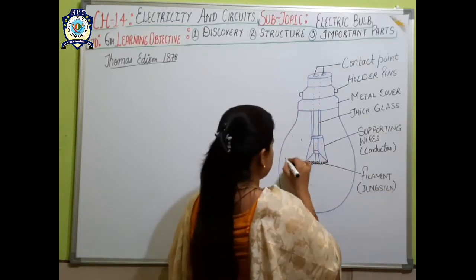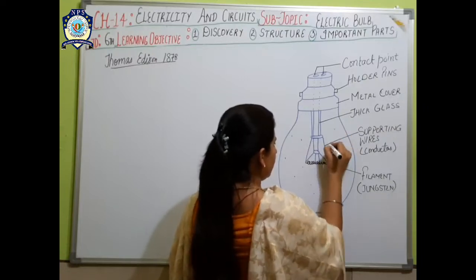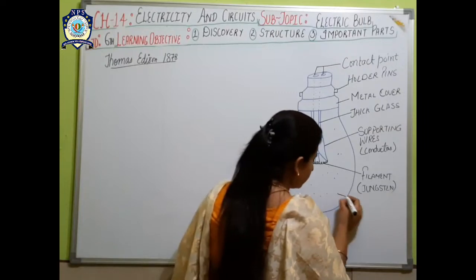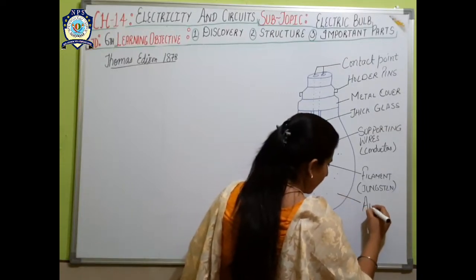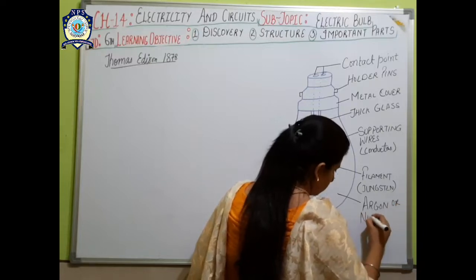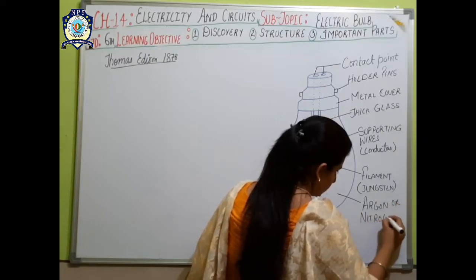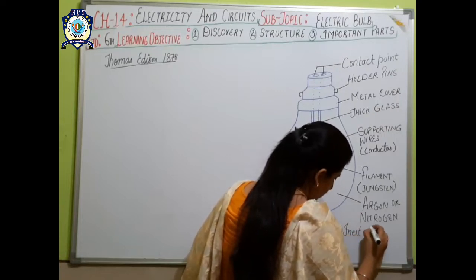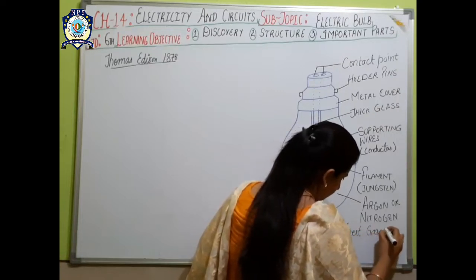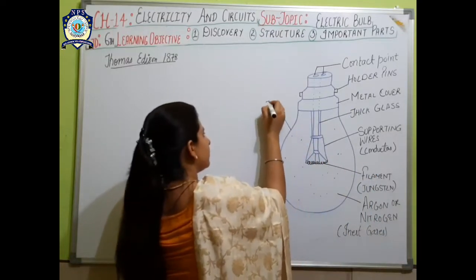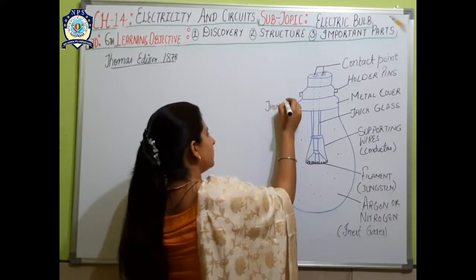The empty part between the tungsten and the outer thin glass is filled with a gas called argon or nitrogen, and both are inert gases. And this outer casing is thin glass.